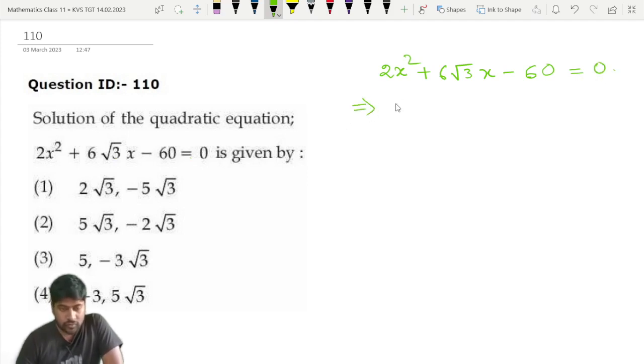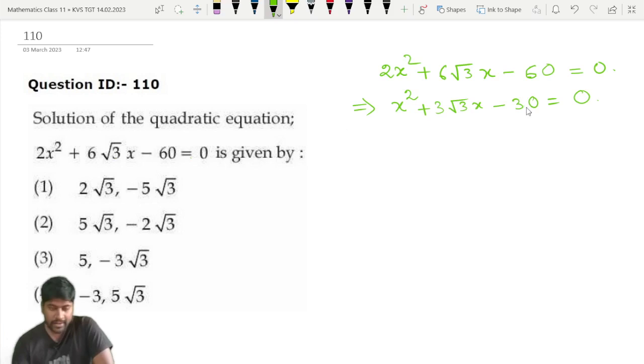So what we will do, we will cancel 2. x square plus 3 root 3x minus 30 is equal to 0. So 30 we have to split into two factors whose difference is 3 root 3.